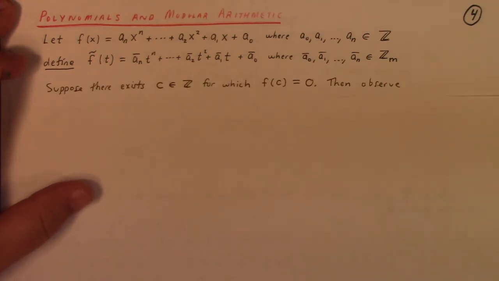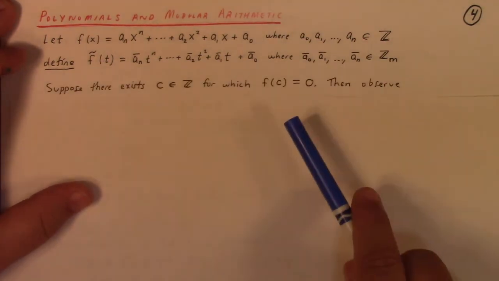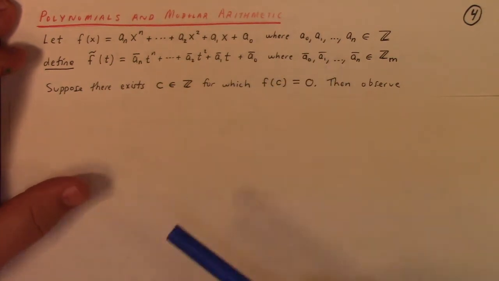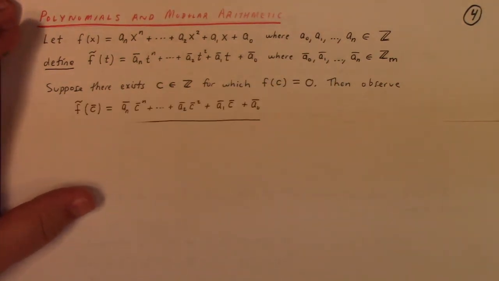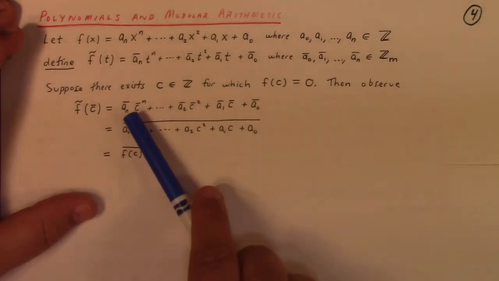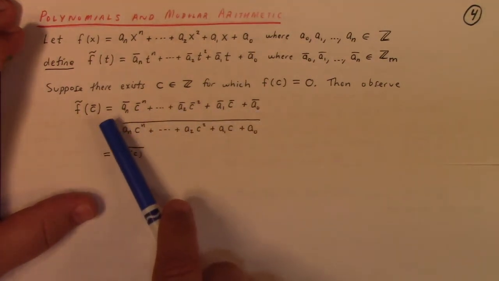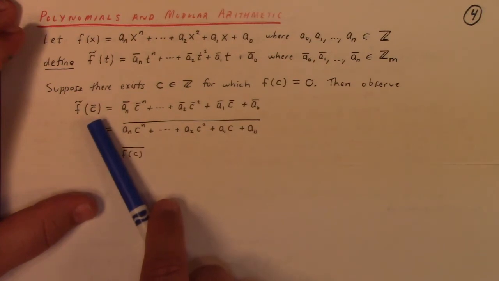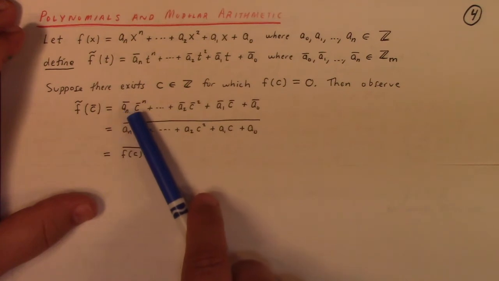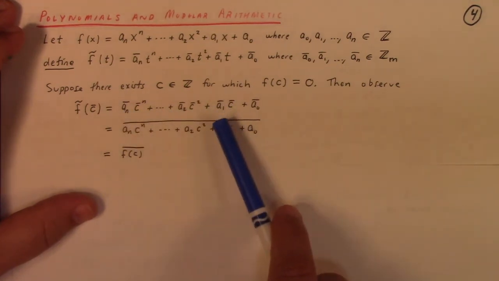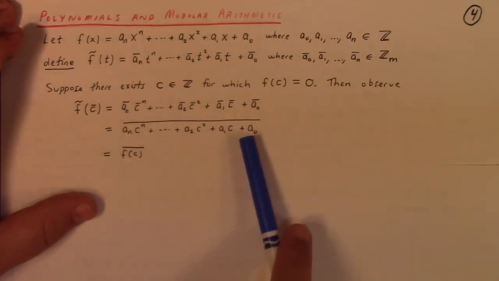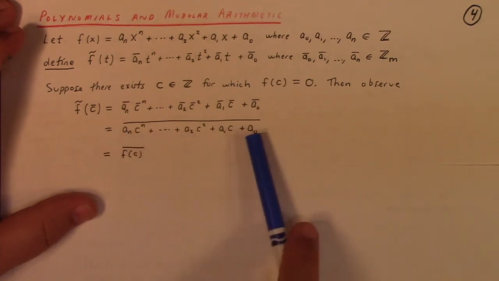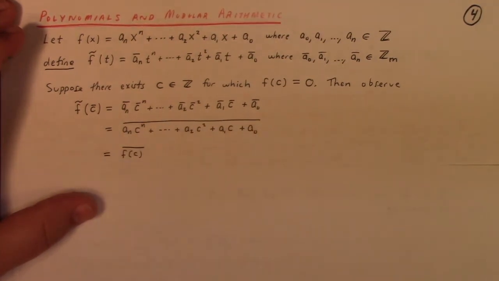So suppose there exists an integer root for f, such that f of c is equal to 0. Then notice that if we plug the corresponding equivalence class mod m of that root, c bar, into the reduced polynomial and do the modular arithmetic steps, we get back to f of c.